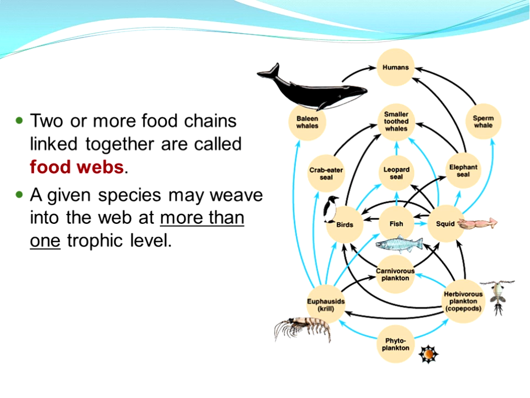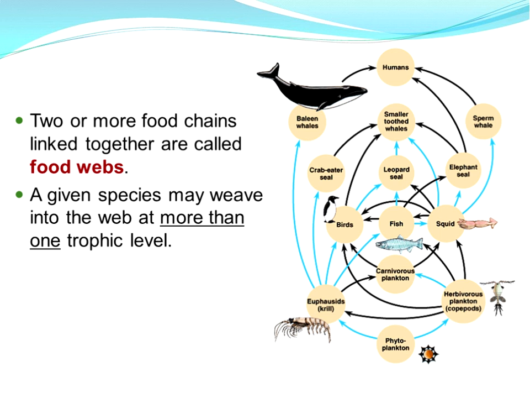But that's not realistic because most organisms will have more than one food source. A food chain just gives you one idea of the flow, whereas a more realistic view of what an ecosystem looks like, with the transfer of energy through the food, is a food web, and that's when we put all the possible chains together, because a human doesn't just eat one thing or another.